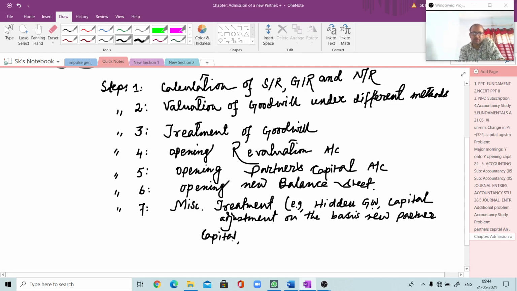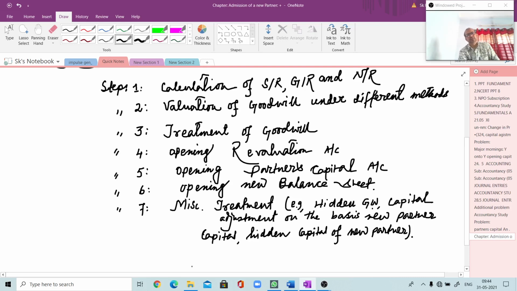Then the hidden new partner capital also has to be calculated proportionately. So missing new partner capital is another way of saying hidden capital of the new partner. These calculations as well as treatments come under the heading miscellaneous.